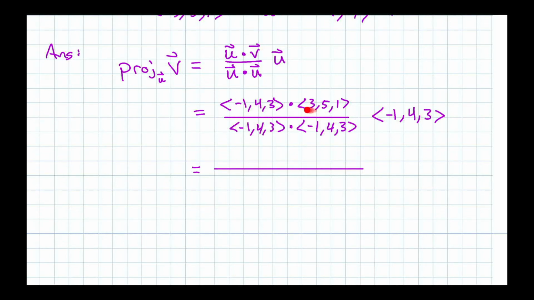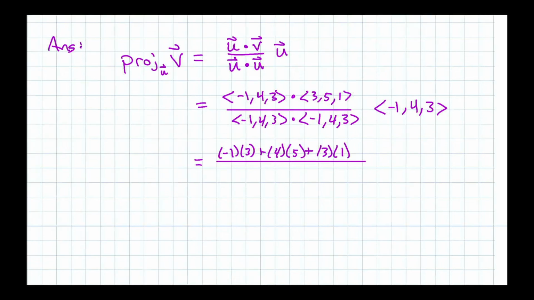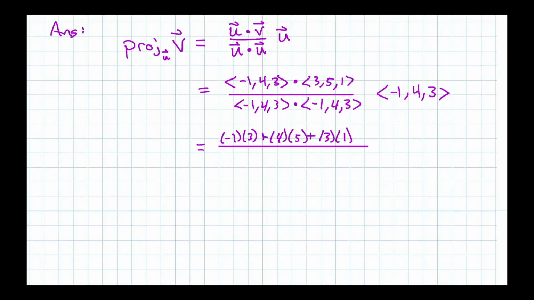So on top, we're doing this dot product. Dot products are easy. So you got -1 times 3 plus 4 times 5 plus 3 times 1. And then in the denominator, you've simply got -1 times -1, so -1 squared plus 4 squared plus 3 squared, times -1, 4, 3, like so.